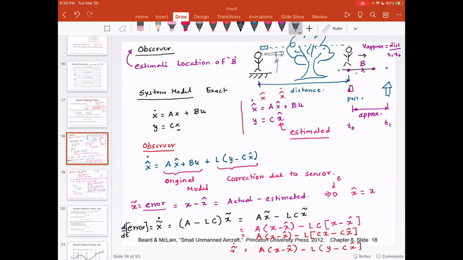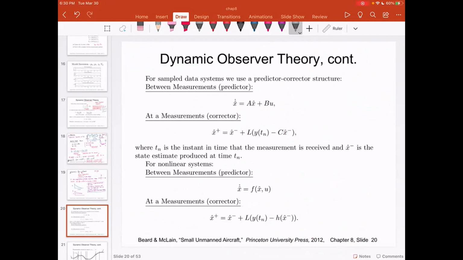So let me go to the next part, and I may have to go back and explain the observer in connection with the dynamic observer again. So let's do that, because Kalman filtering is super important and often a point of confusion, but it's not. We'll try to discuss that in a super simple way. So let's try to understand now.